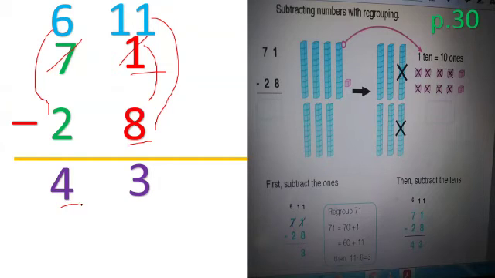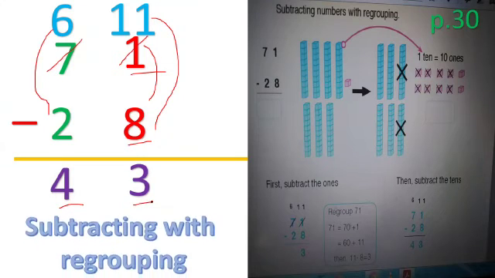So the answer is 43. This is the way we subtract with regrouping.